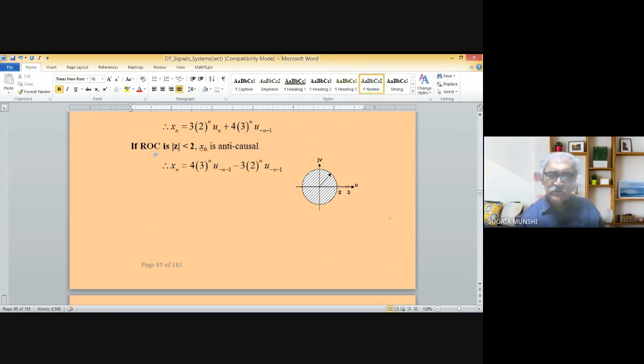There is a pole at the boundary at z equal to 2, and there is a pole in the region of divergence at z equal to 3. So this is the inverse z transform, an anticausal sequence.